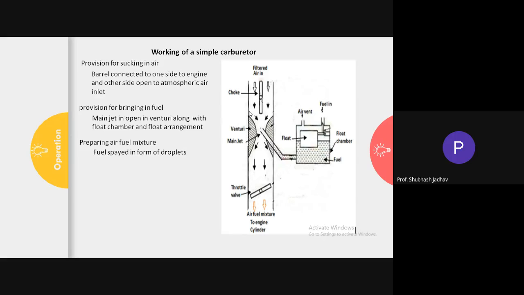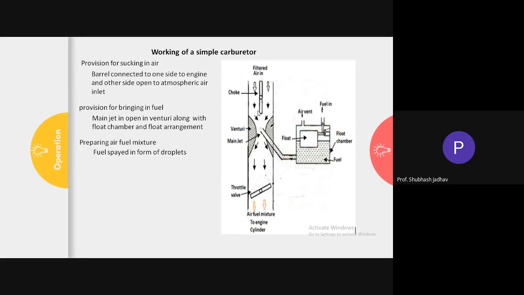The heat required by the fuel for vaporization is absorbed from the air, thereby converting the liquid fuel into vapor. The heat absorbed for the phase change is what you call latent heat.